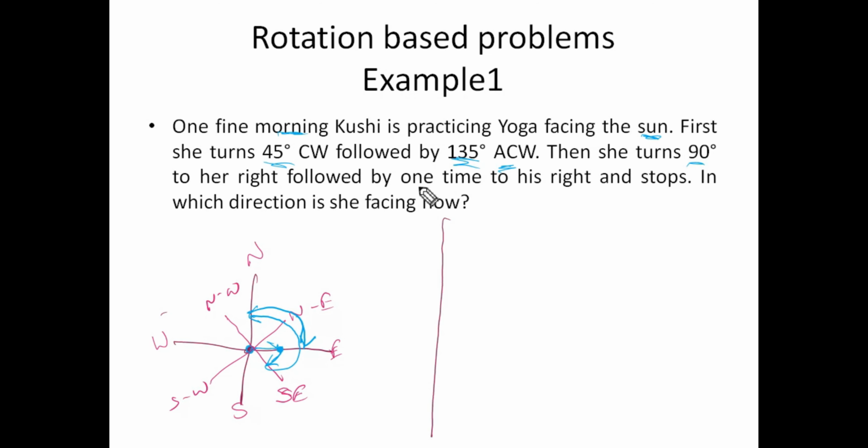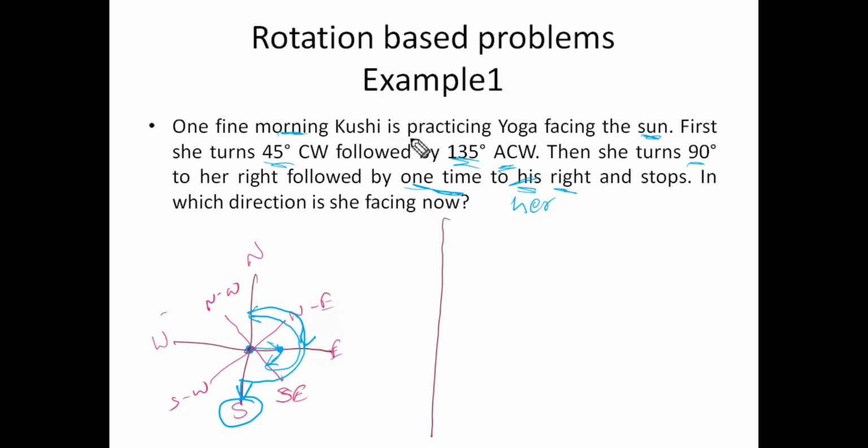And followed by, after that, one time to her right. One time right means clockwise, 90 degrees again. So from east, 90 degrees again in the clockwise direction. And finally she is facing which direction? That is south.